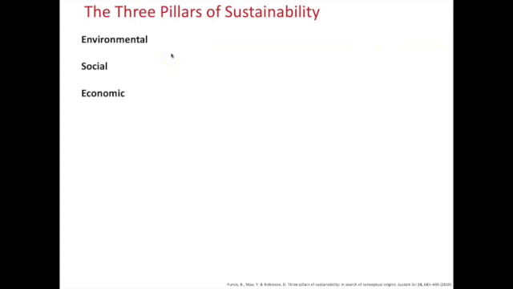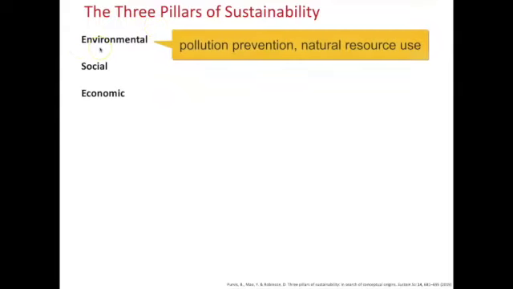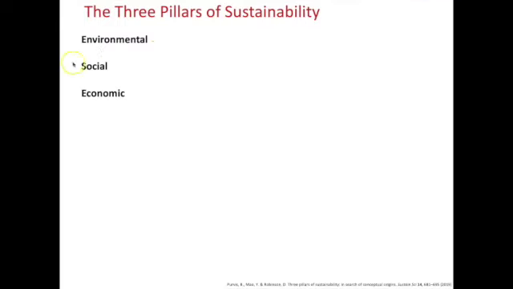For an action, activity, or process to be sustainable, and this could be large scale or small scale, the action, activity, or process has to meet these three aspects of sustainability, which are environmental, and that is pollution prevention and taking care of our natural resources and the use of those natural resources to minimize and prevent waste.